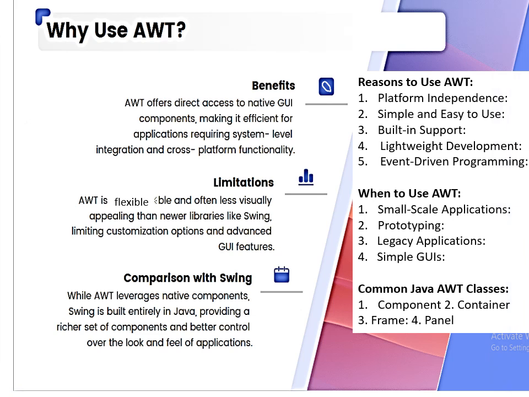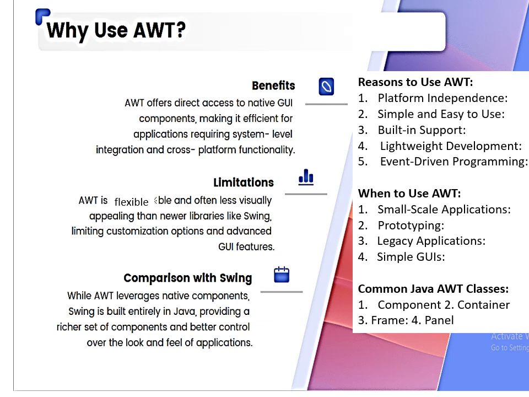Here, a number of benefits are available by using AWT. AWT is built on top of core Java programming, using Java syntax and semantics. It is a part of Java Standard Edition and is used to create GUI applications that run on the desktop.